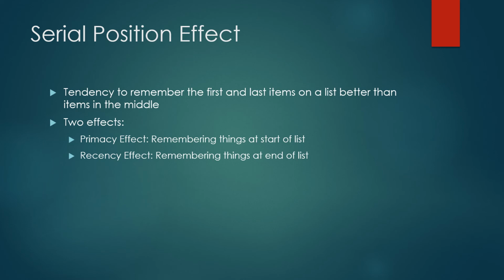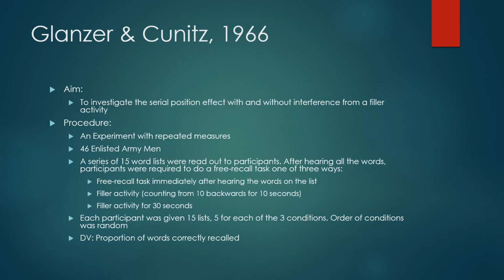And so we're going to see a study here by Glanzer and Cunitz from 1966, and this is going to be one of the possible studies that you could do for your IA, if you so choose to do that and look at the multi-store memory model. The aim of this was to investigate the serial position effect with and without interference from a filler activity.